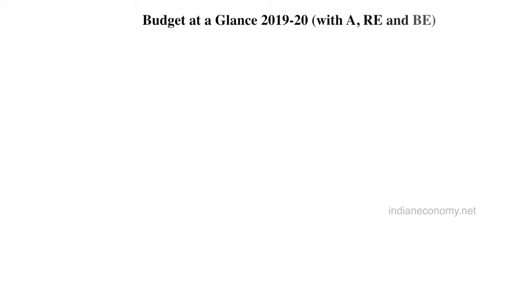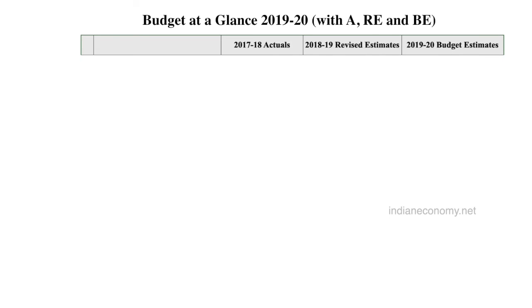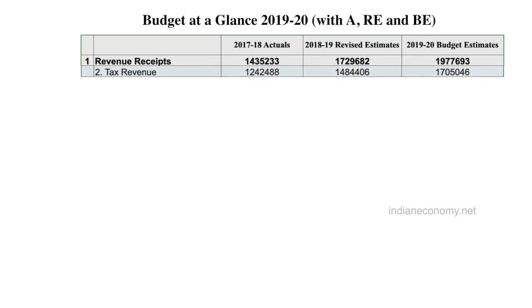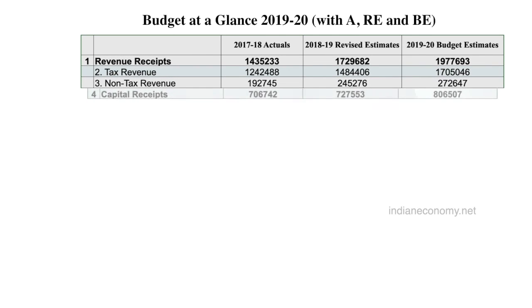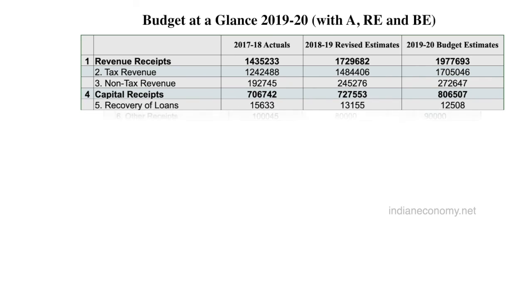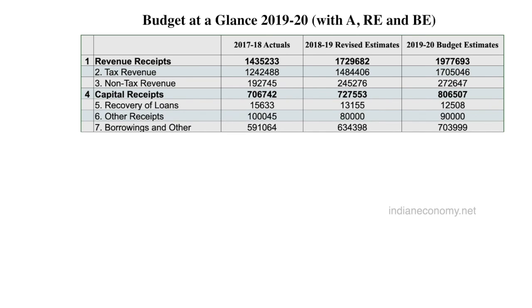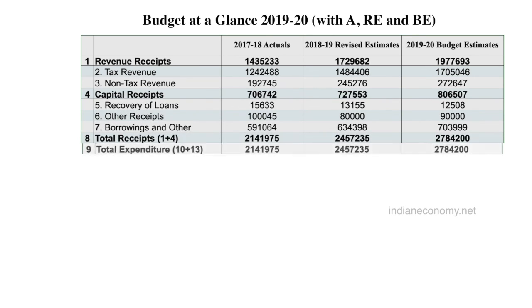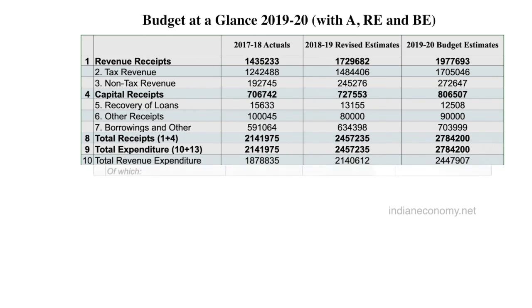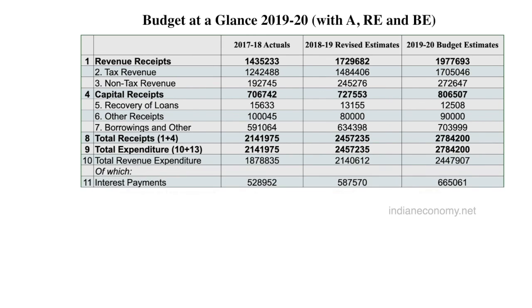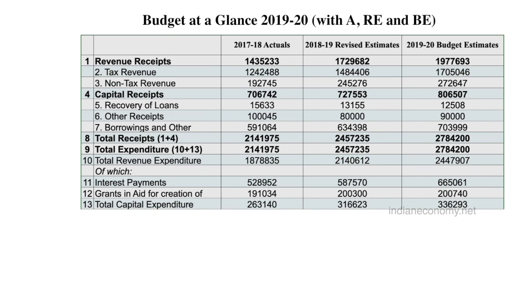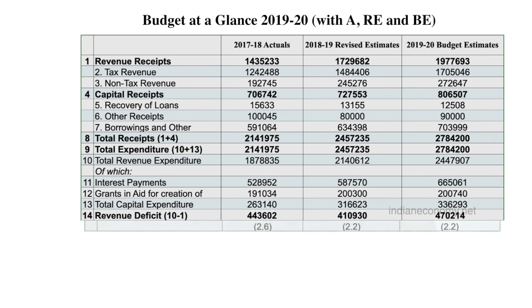Hello students, now we are coming back to the original budget at a glance statement. The budget at a glance statement we have seen so far throughout our explanation are shorter versions that show only the budget for 2019-20. Actually the budget at a glance statement of the government gives budget figures for 3 years.